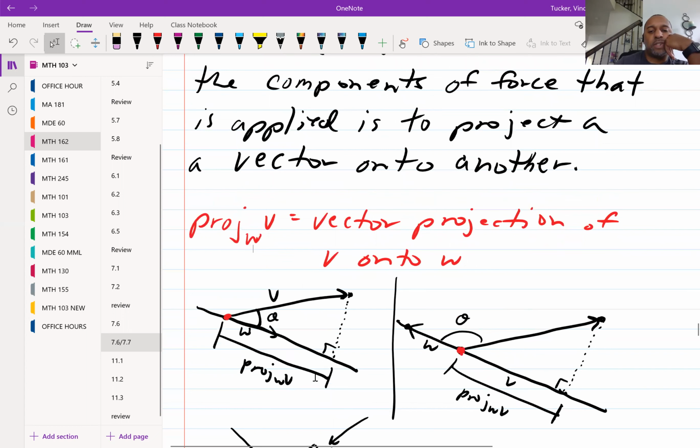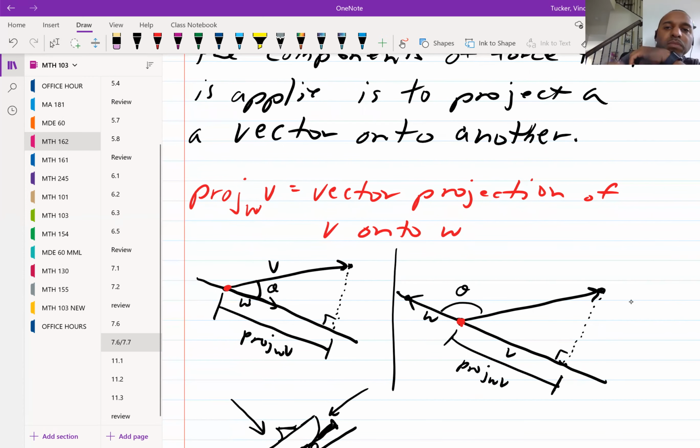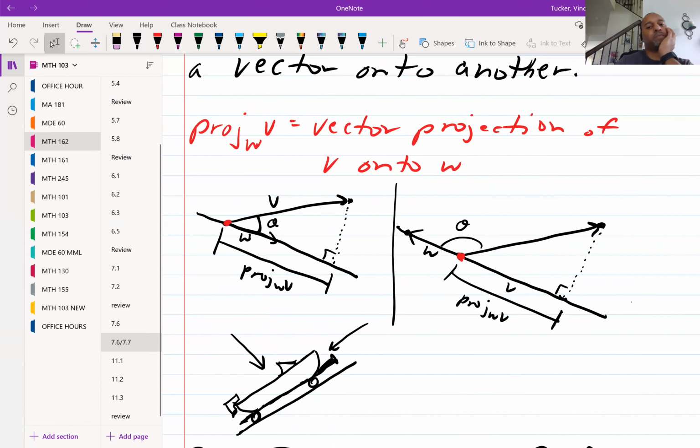And then here are some diagrams of how that force can be applied. It'll make a little more sense when we put a word problem to it. Here I was explaining how force is applied onto the boat.